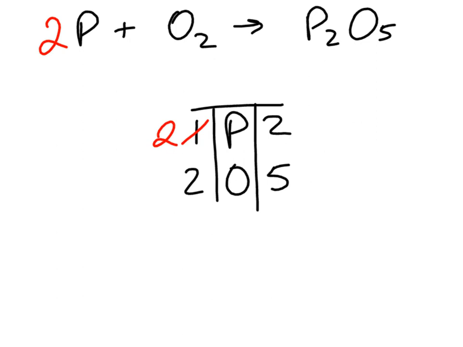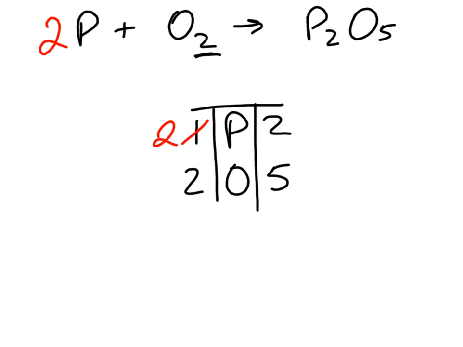All right, now on my oxygen side, I have 2 oxygens and I have 5 on the product side. Well, I'm trying to think, how can I get an equal amount on both sides? There's one way to think about it. You can go, okay, what times 2 would equal 5?